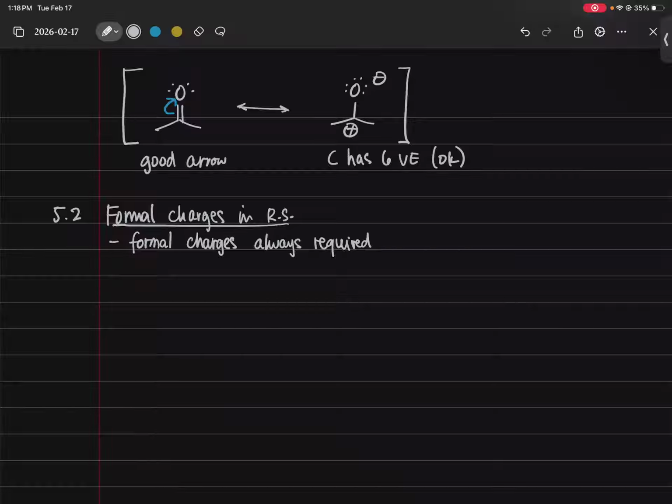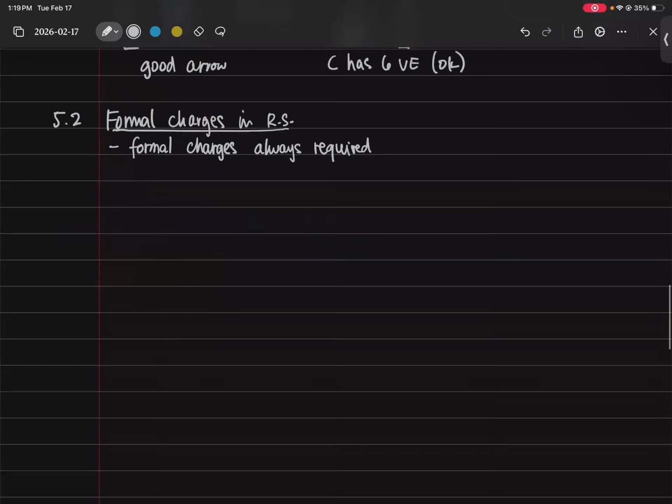And well, really, we should do another example, I think. So let's do this.